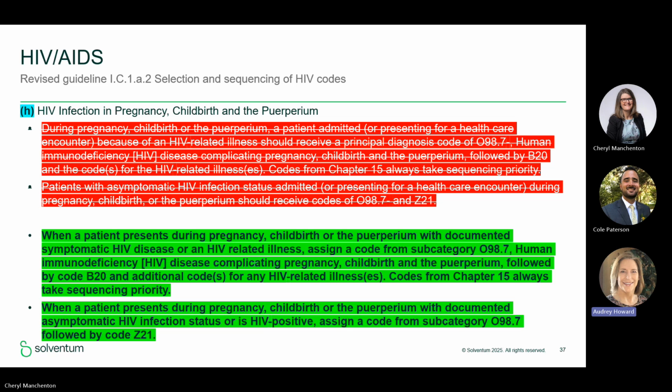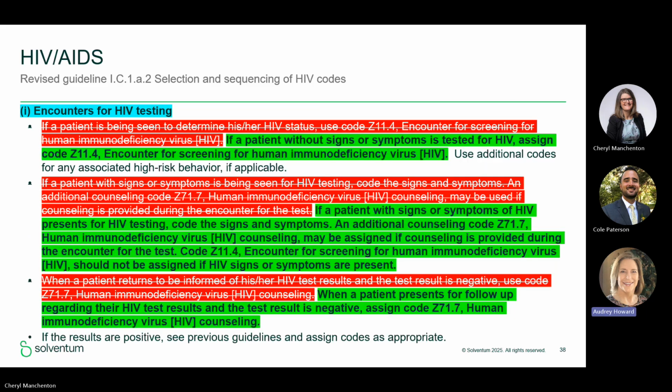So the pregnancy code first, followed by the B20 in this instance. Moving on to the next slide, the guideline for encounters of HIV testing is updated as shown here. A lot of green and red on this one, but once again, the codes assigned have not changed, just the rewording of the guideline for clarity.